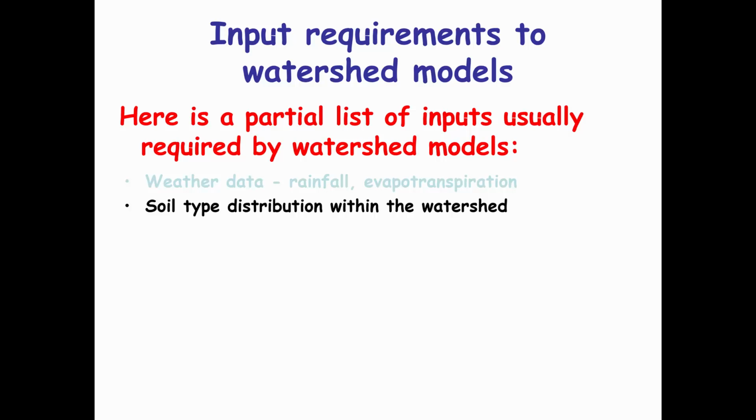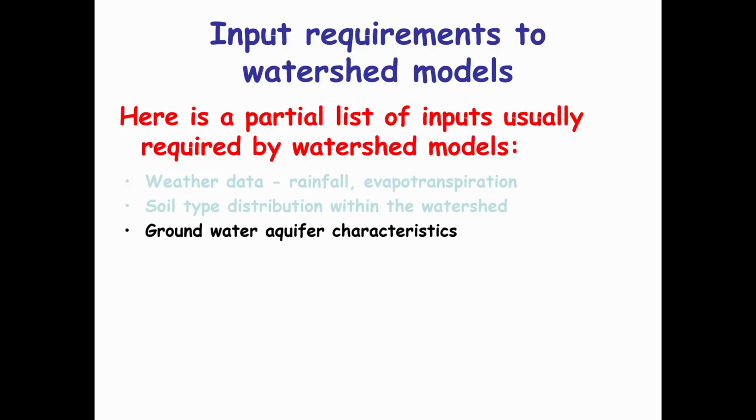In some cases, you can use more average conditions of the soil within a watershed, so more lumped parameter models would probably use more averaging of soil properties. The distributed parameter model is going to want to have input on the details of soil series coverage across the watershed to be able to represent the variation in soil characteristics.